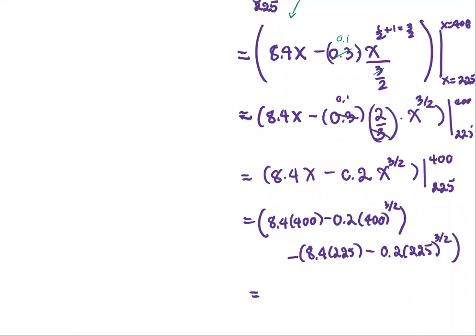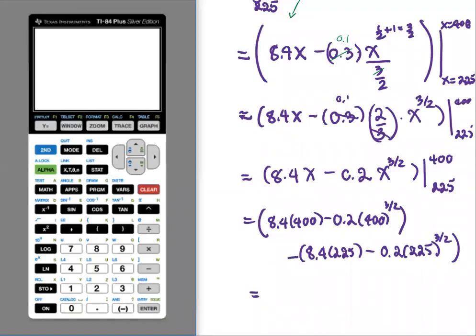And then we get the number out. I enter the quantity 8.4 multiplied by 400 minus 0.2 multiplied by the quantity 400 to the power 3 divided by 2.